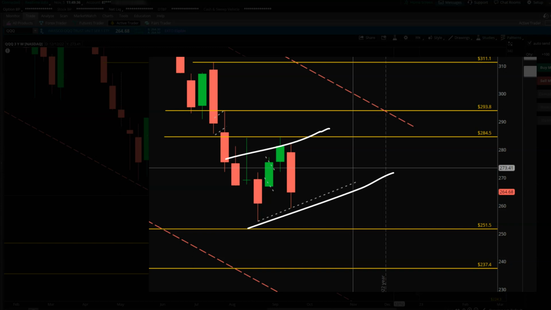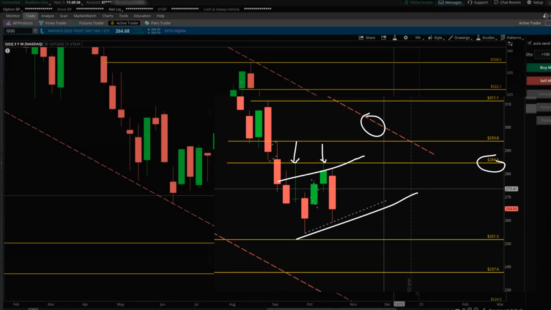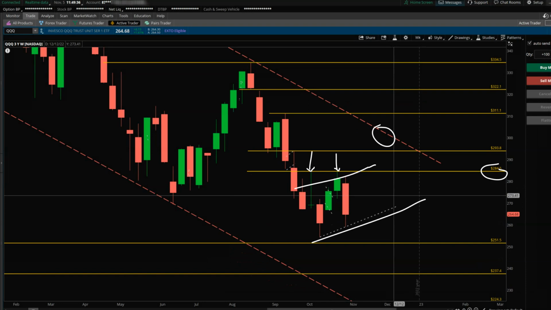But this 284.5 was the resistance. It couldn't get above that in the past few weeks or even more than a month or so, right? You have these two touch points right there, so once it gets above that, we can definitely target higher, this downtrend line. But as long as the price is below this one, the chart remains under pressure.